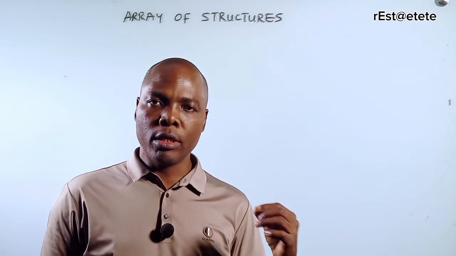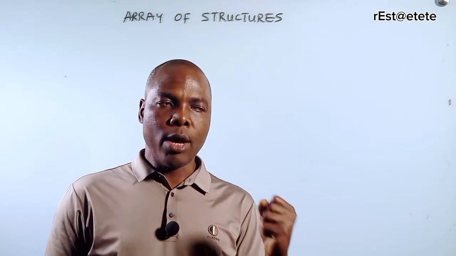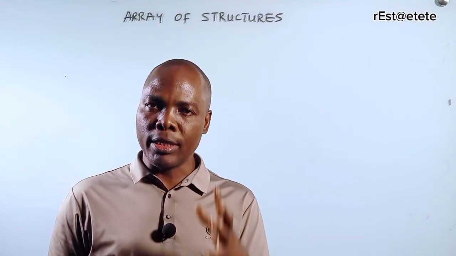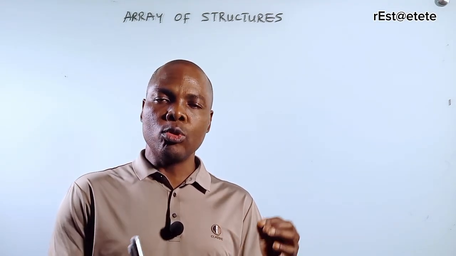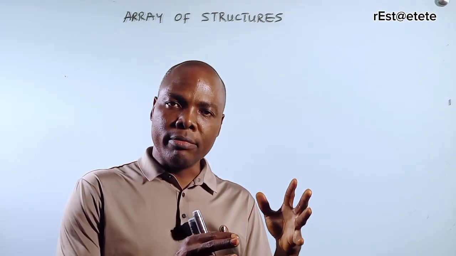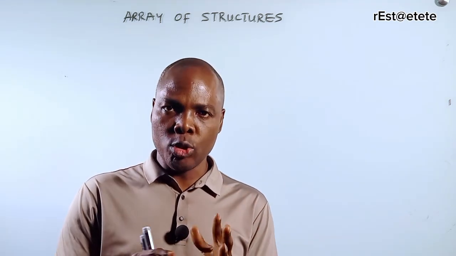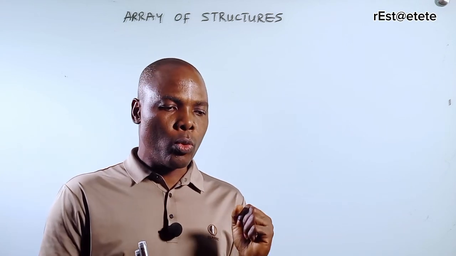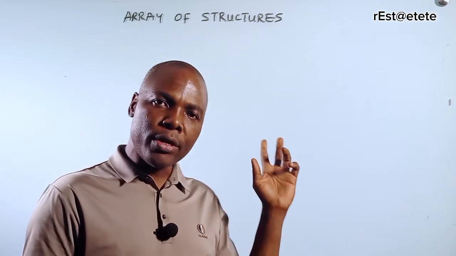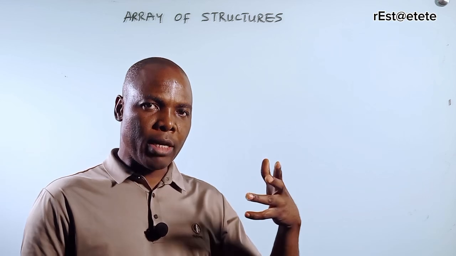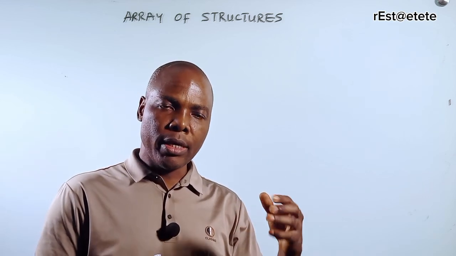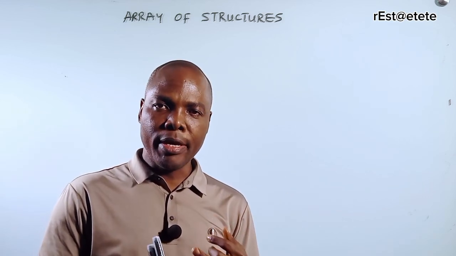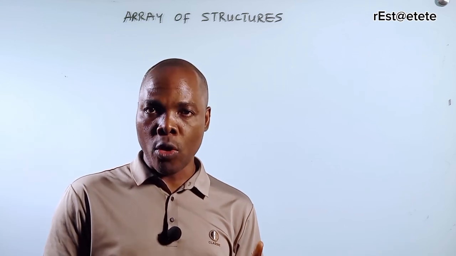We have been dealing with structures, right? And we say that a structure is a data type that allows you to group different data types in one unit. So today we want to look at arrays of structures. For example, if you are dealing with students, a student will have name, age, and probably score.